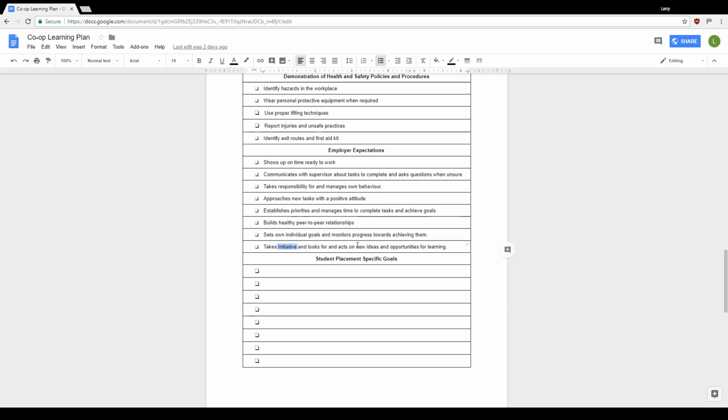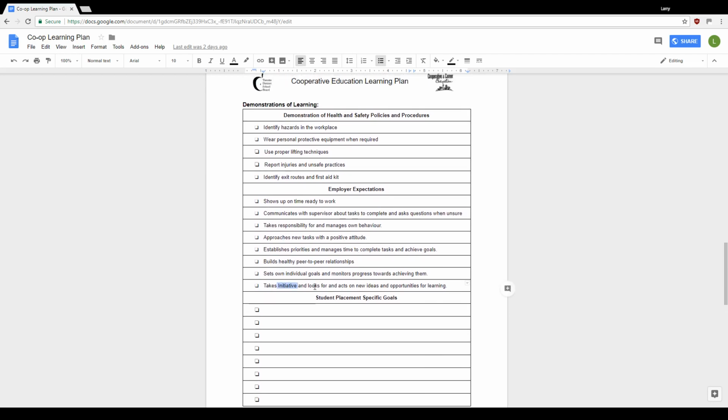Now the last part on the third page is for you to fill in your specific goals for co-op. Each of you may have different goals. Why did you do co-op? What are you trying to learn? What are you trying to accomplish? Are you trying to develop relationships? Are you trying to develop certain skills?